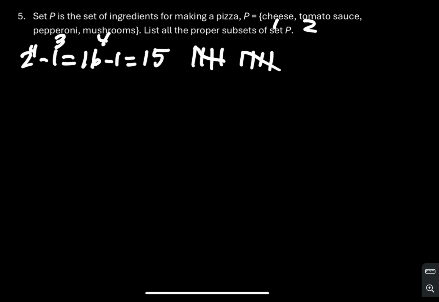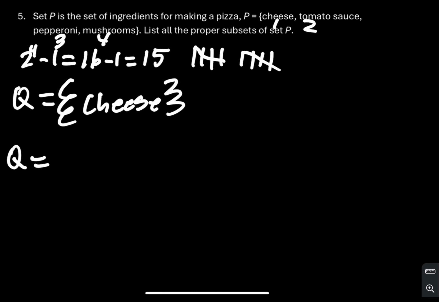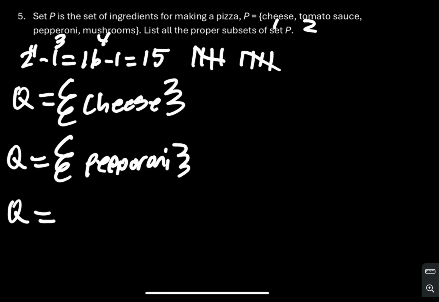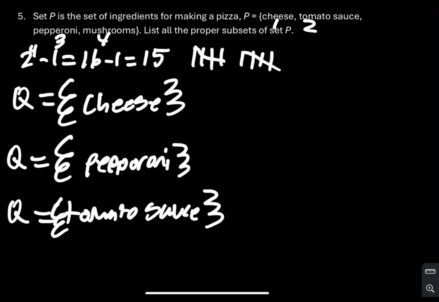Now that we used all our combinations for 2 elements in the set, we can move down to 1. So we have set Q, and all we have to do is list each proper subset that has 1 element from the original set. So we have Q is equal to cheese, Q is equal to pepperoni, Q is equal to tomato sauce, and then Q is equal to mushrooms.